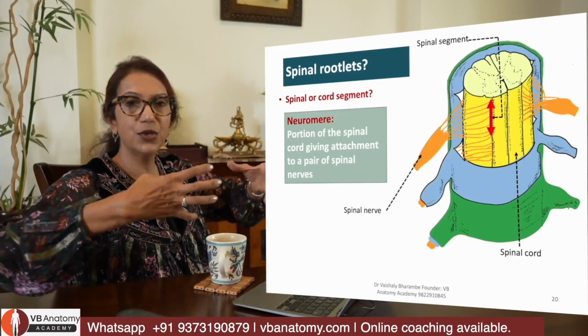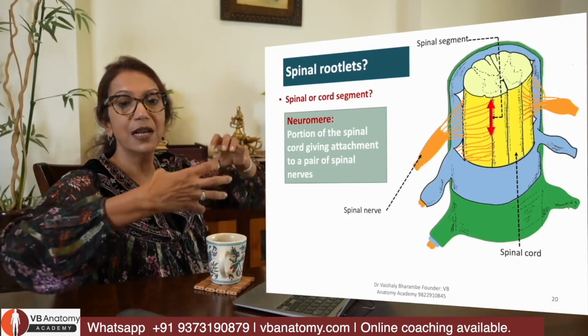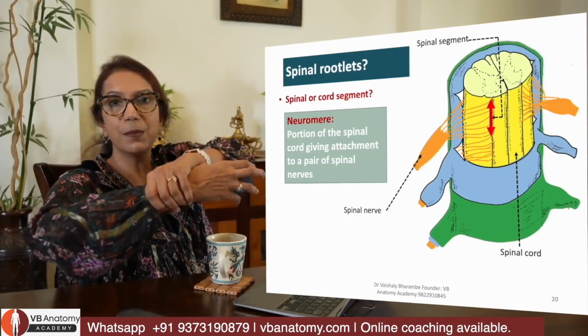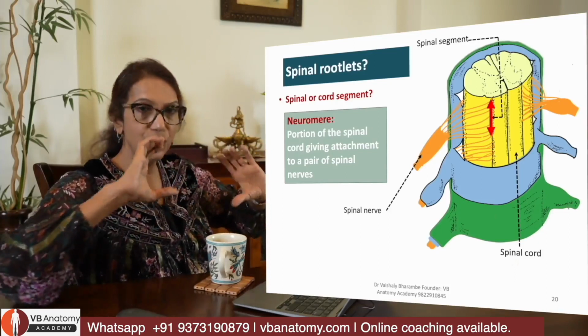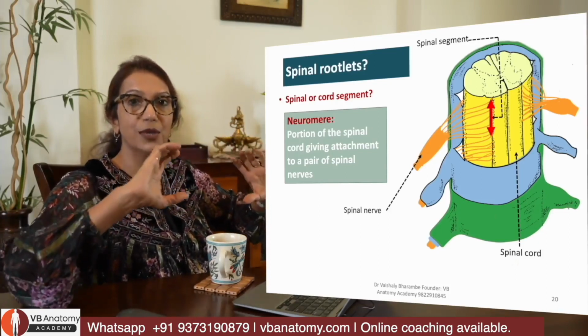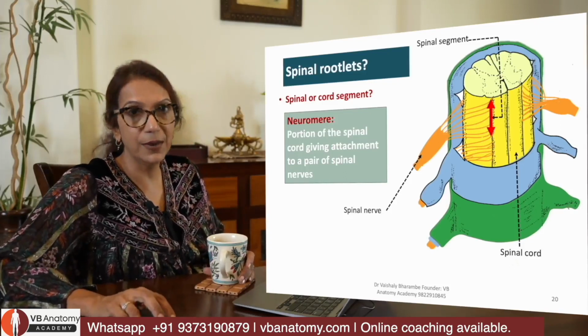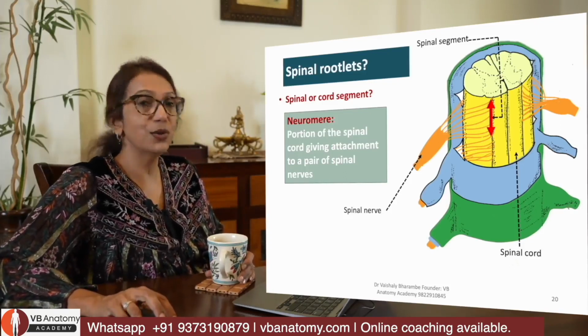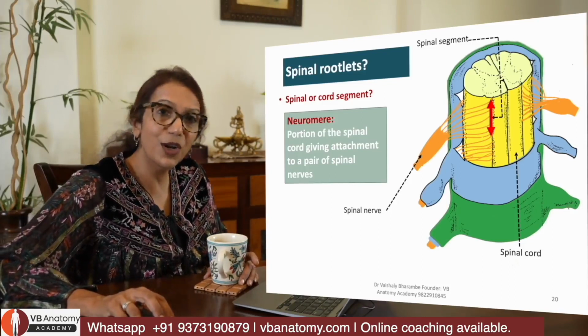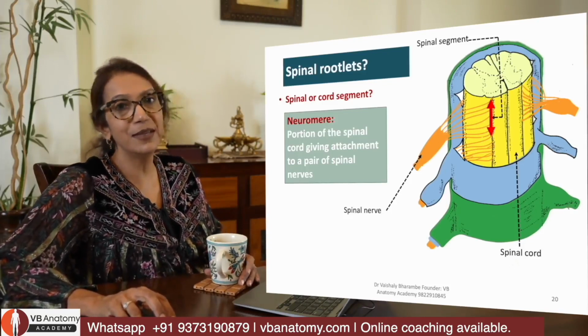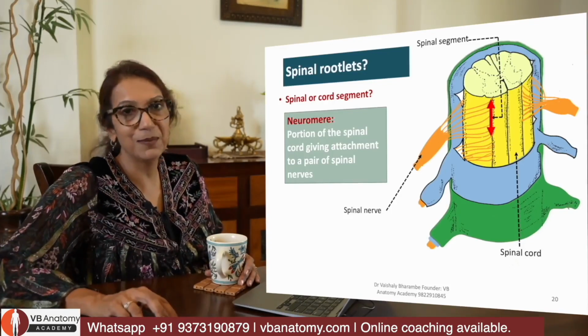The anterior and posterior or ventral and dorsal rootlets are finally uniting to form a spinal nerve. So that portion of spinal cord that gave rise to these rootlets is called a spinal segment or a cord segment, also previously called a neuromere. Since we are in the world of MCQs, remember these words because they're going to put them up in MCQs.